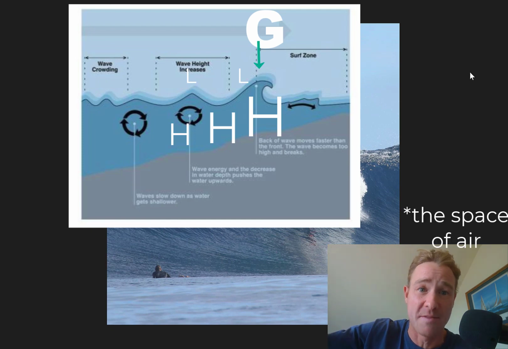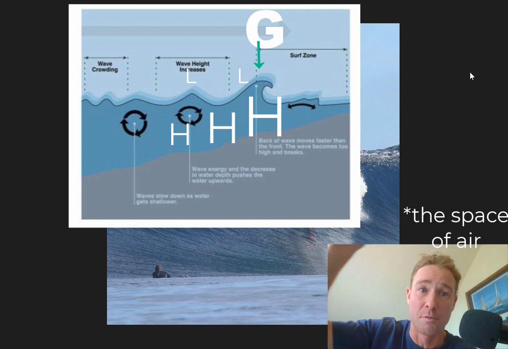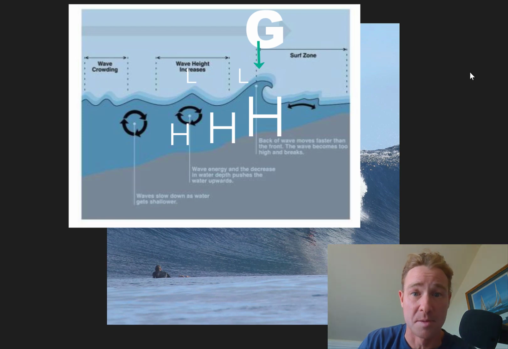Gravity sets in and then throws either the top over if the bathymetry is very fast, or it spills down if the slope of the bathymetry is really low or slow. So again, high pressure moves to low pressure, and then gravity actually sends the rest of it down.